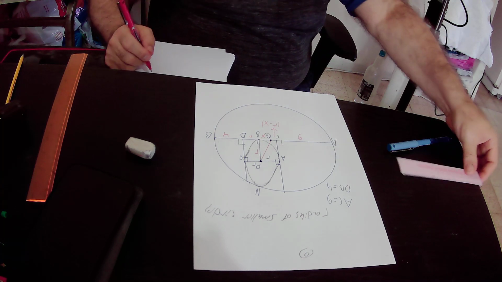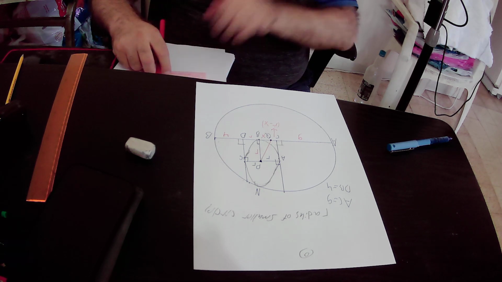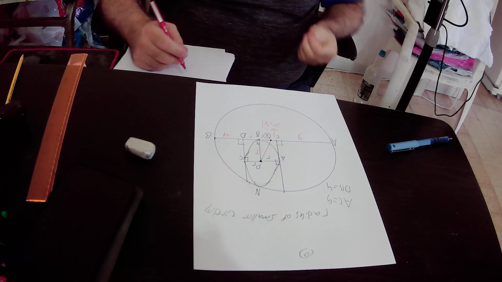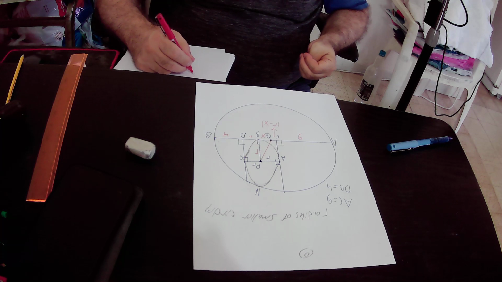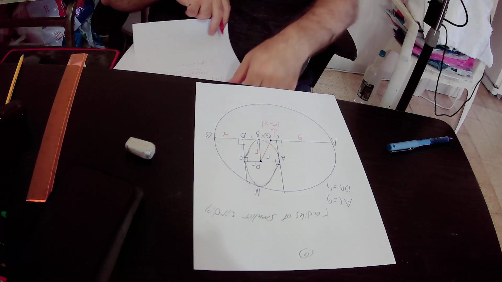So PQ squared, 6.5 squared, equals x squared, that is 2.5 squared, plus r squared.